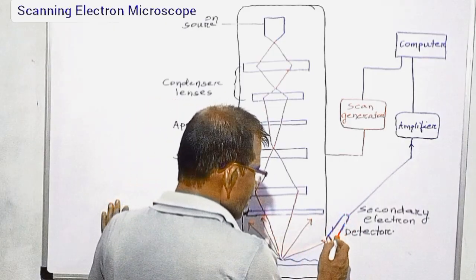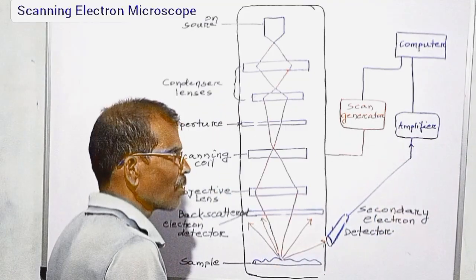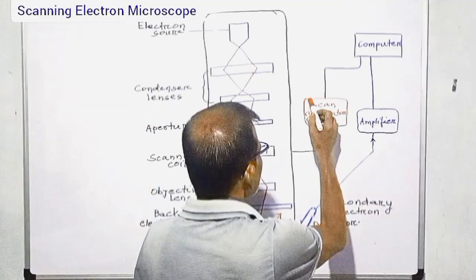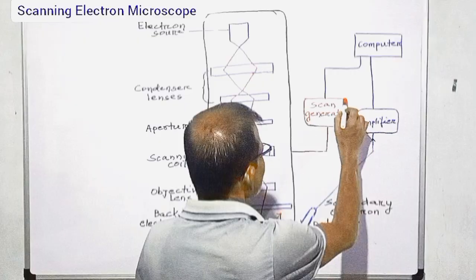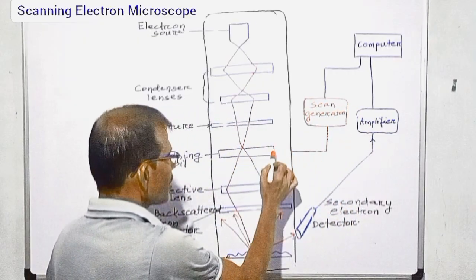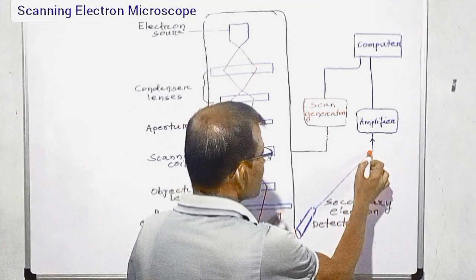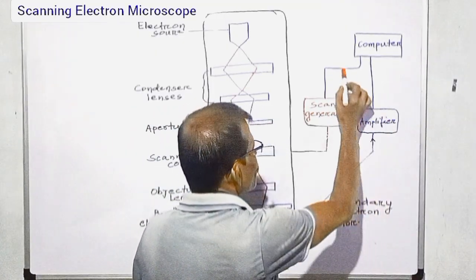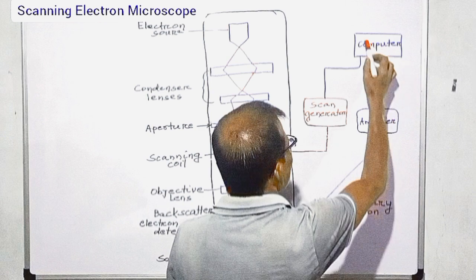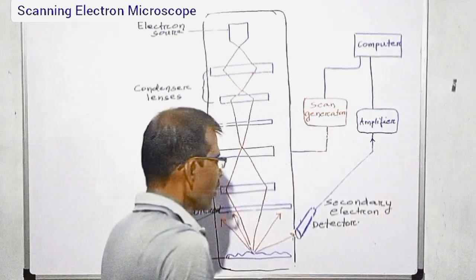This weak electrical signal is then amplified into a strong readable voltage. The function of the scan generator is to synchronize the positional data with the electrical signal that is amplified to produce the detailed pixel by pixel image on the system.